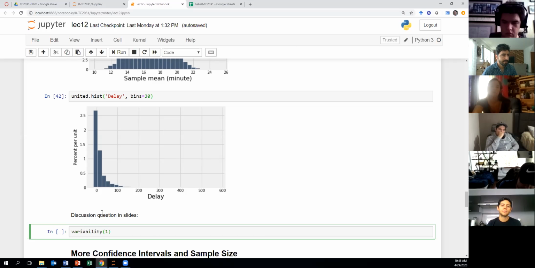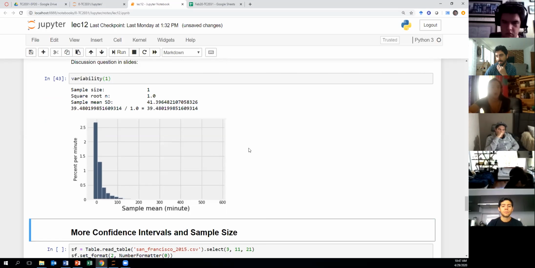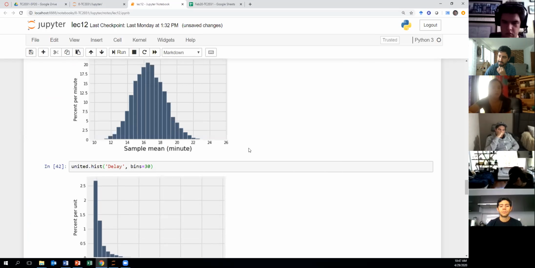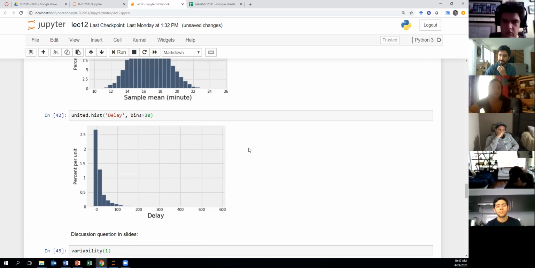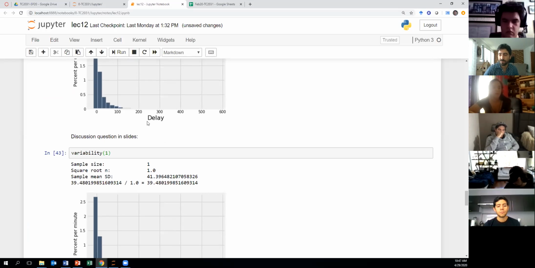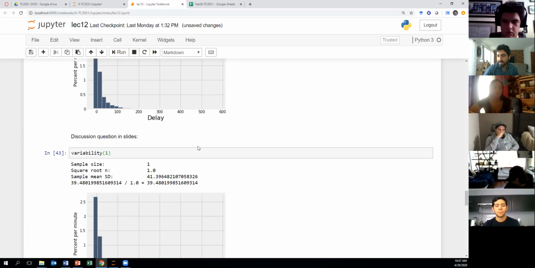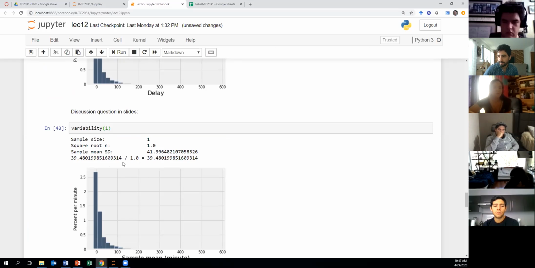I believe the standard deviation would be the same as the original standard deviation. That's exactly correct. We're going to see basically the same distribution, not precisely the same because I'm taking random samples, but the standard deviation is going to be exactly the same.